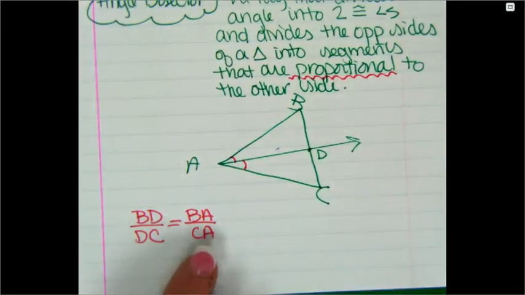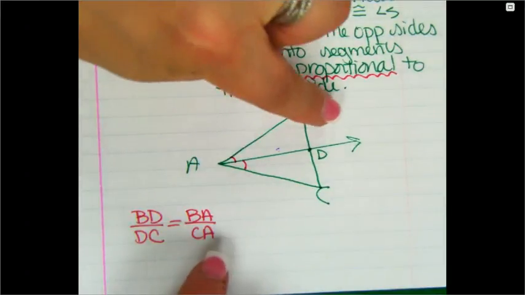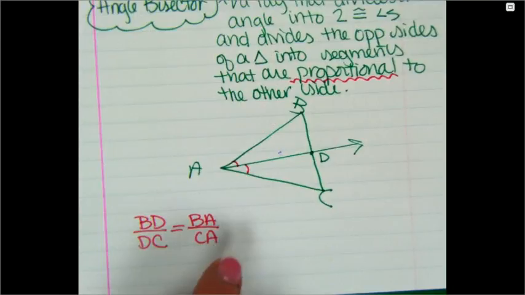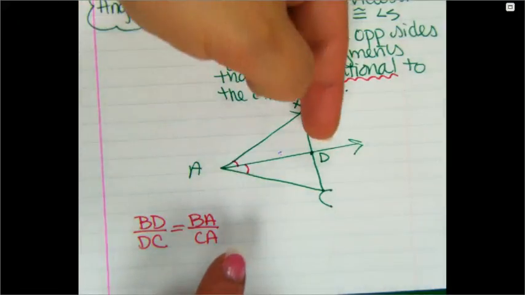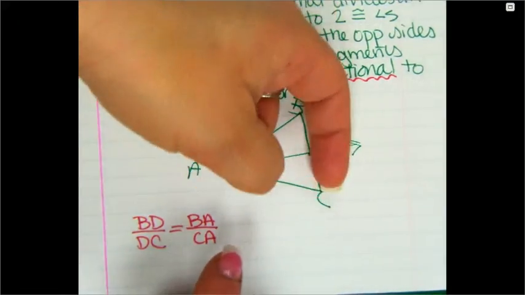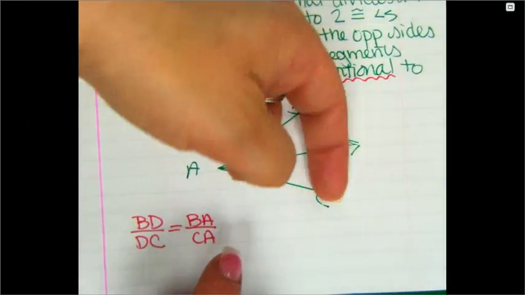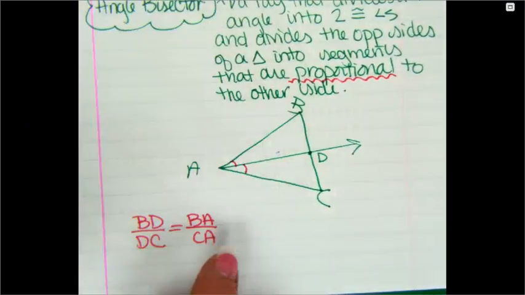They have to be in the right order. If you go this over this and this over this, you're wrong. Do you understand? It has to be in the right order. So I went top over bottom, top over bottom. Small over small, small over small. I mean big over big.